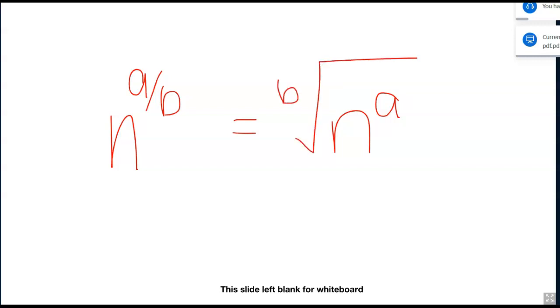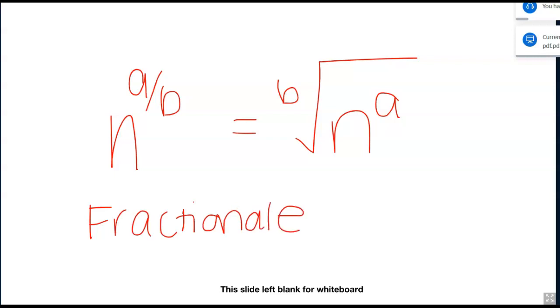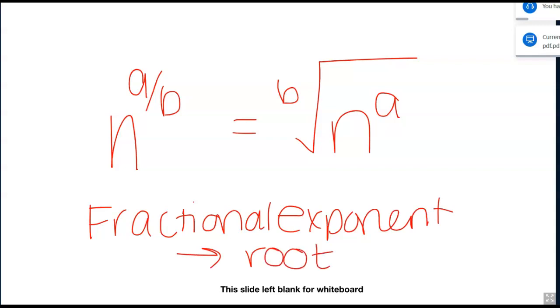So again, this is how you take a fractional exponent and convert it to a root.